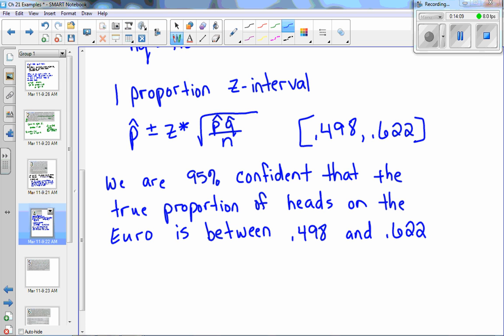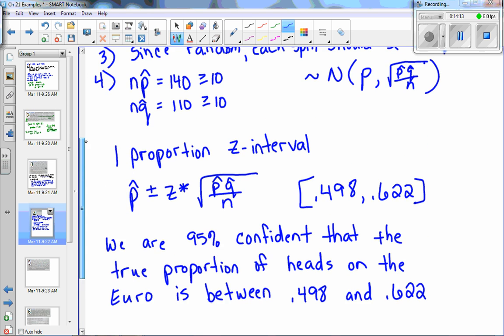So that's my interpretation, and that would be part A. And look back up here to see part B.